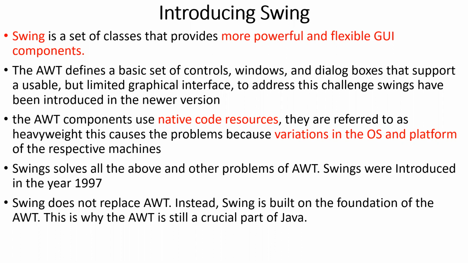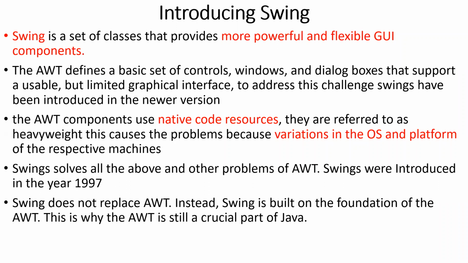If the computer is good and has well-equipped, well-configured devices, then AWT will provide a better solution, better output and a better interface. If the machine has low configuration, then AWT will not work properly and will not give as good a result, because AWT depends on native core resources.